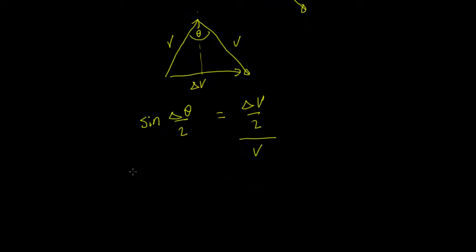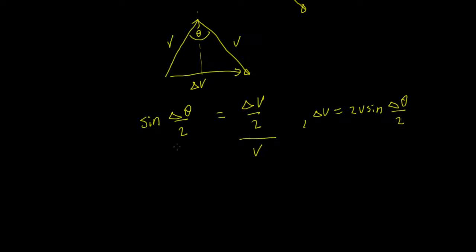Then you can rewrite that. You could say that delta v is going to equal 2v sine delta theta upon 2.